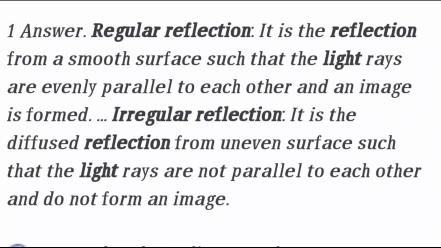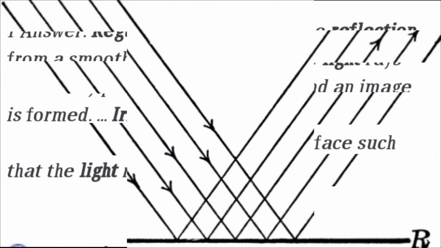Or if it is any smooth surface, then regular reflection may occur. But if the light rays fall on an uneven surface, then irregular reflection or diffused reflection will occur.